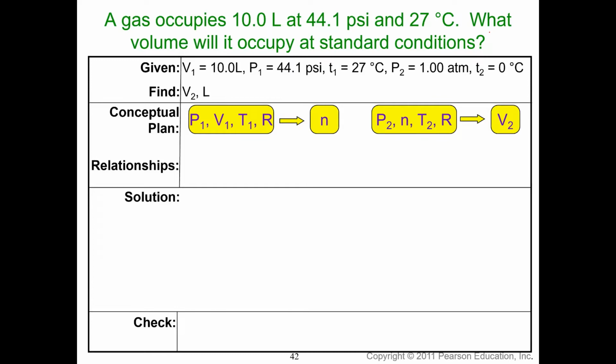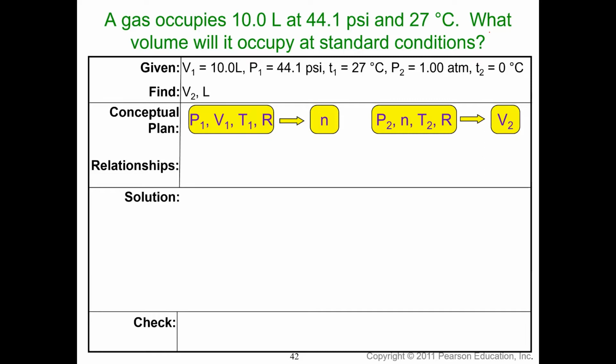It says a gas occupies so many liters at that pressure and temperature. What volume will it occupy at standard conditions? Now here you need to find out the number of moles in the first scenario, then use that to find out the volume at STP.